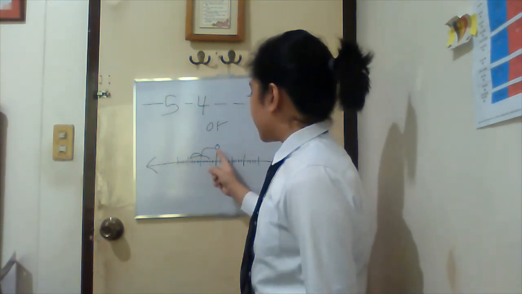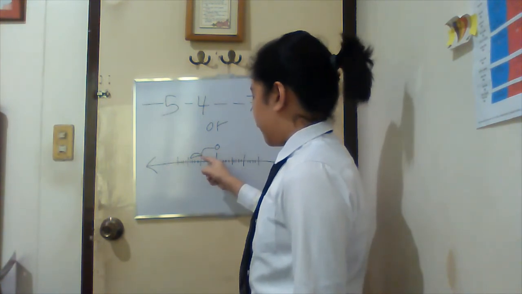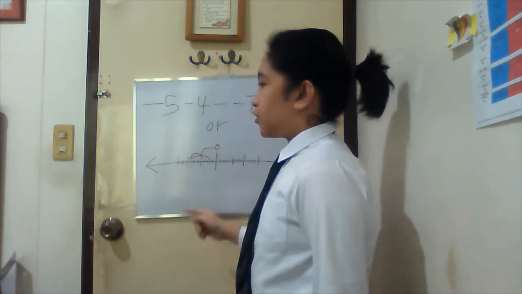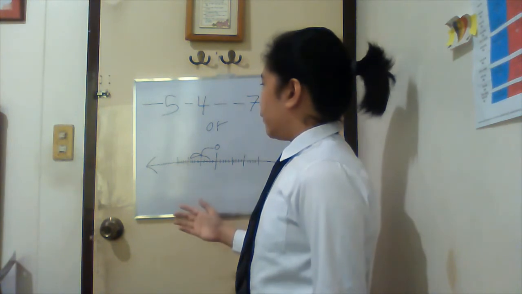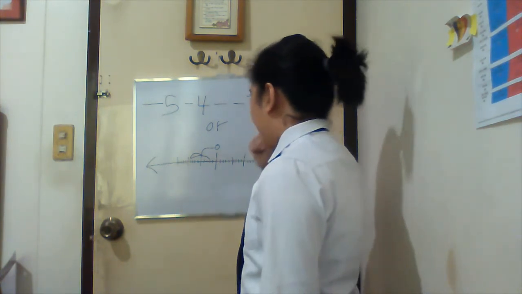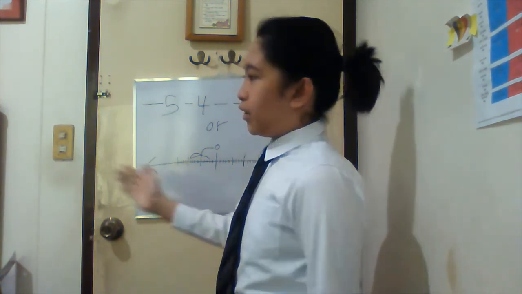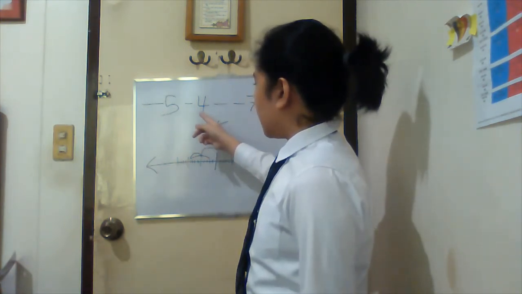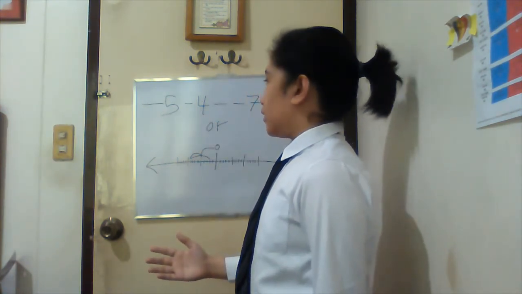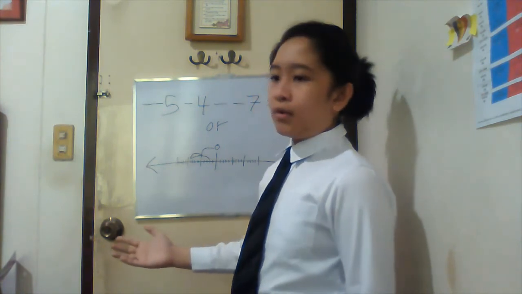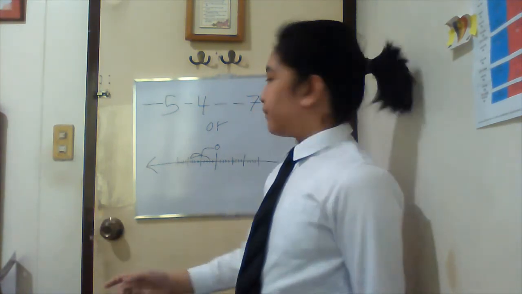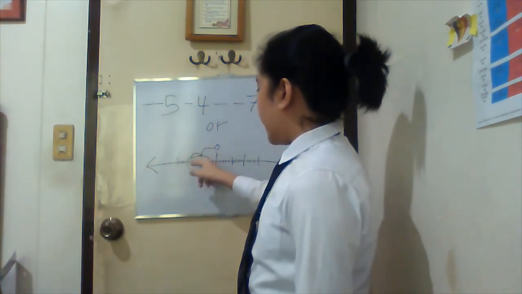As you can see here, I started with -5, but we have to subtract 4. But since we are going below and not subtracting a positive number with a negative number, we'll just go with the flow. So we went to -9.